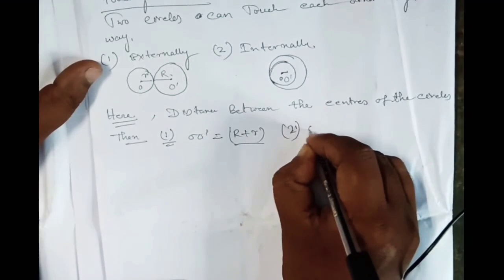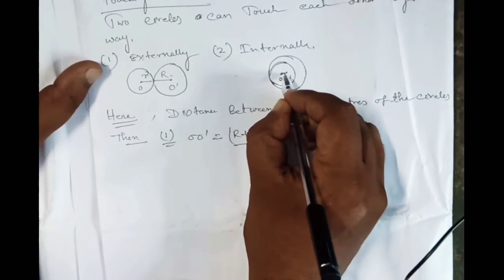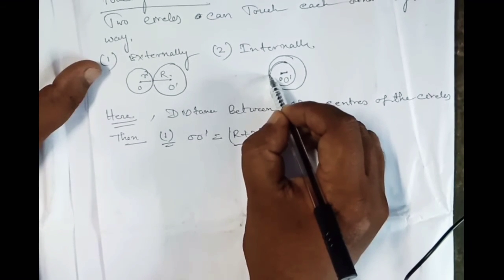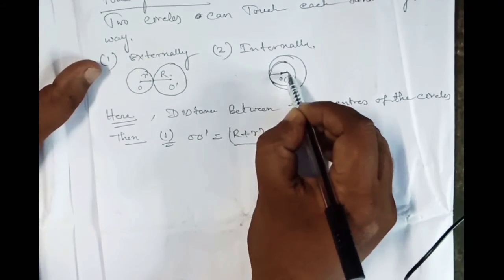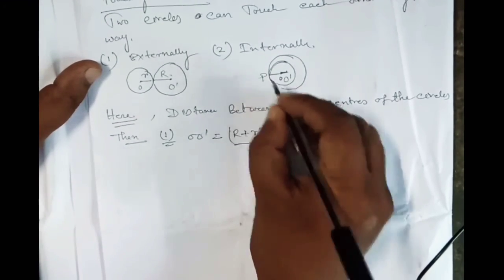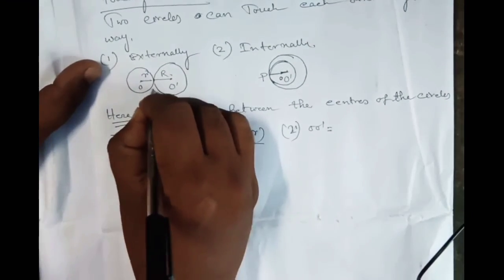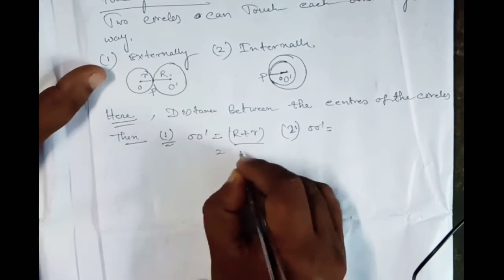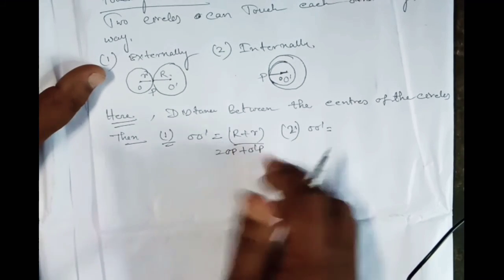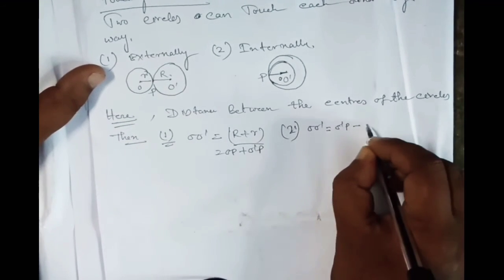And for the second case, if we have to find the distance between the centers, if we take a point P over here, then OO dash is equal to O dash P minus OP.